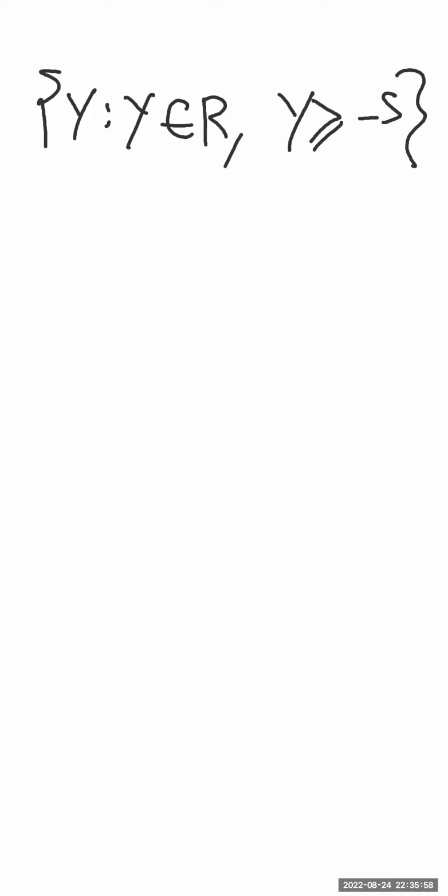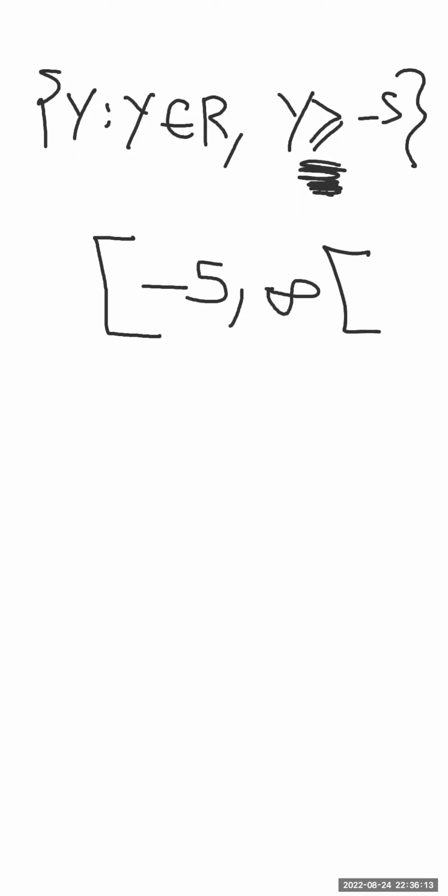So which number do we start with? The smaller. -5. Very good. And the positive infinity. -5. Do we have an equality sign here? Yes. Closed. Infinity is open. Now represent on the number line. -5, shaded, it's closed.